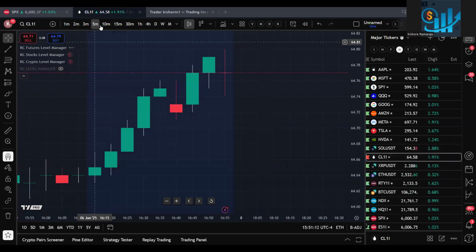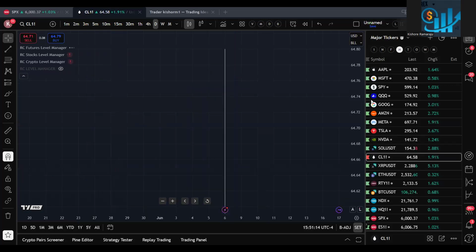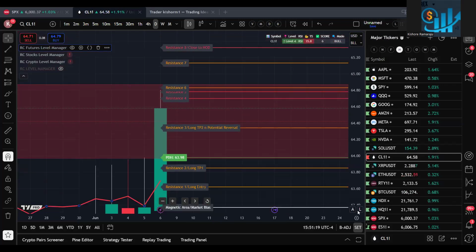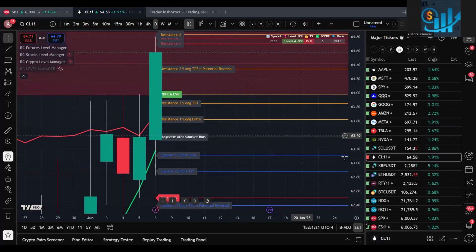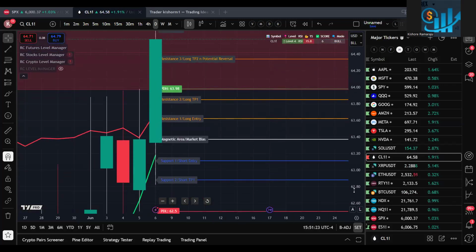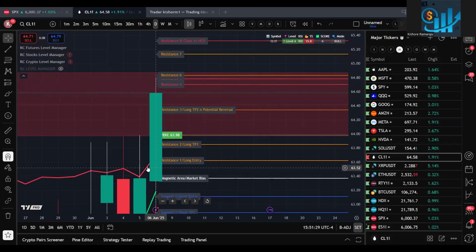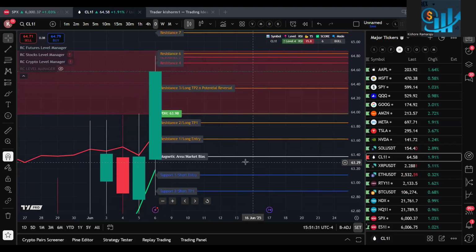So now tell me what do you think will happen for crude oil? Crude oil also has a very high possibility for price to continue. It did not open above the magnetic area, but it opened a little bit below the magnetic area, and closed above the magnetic area.